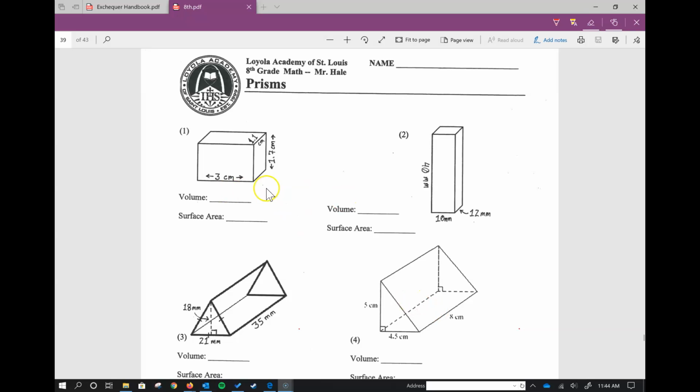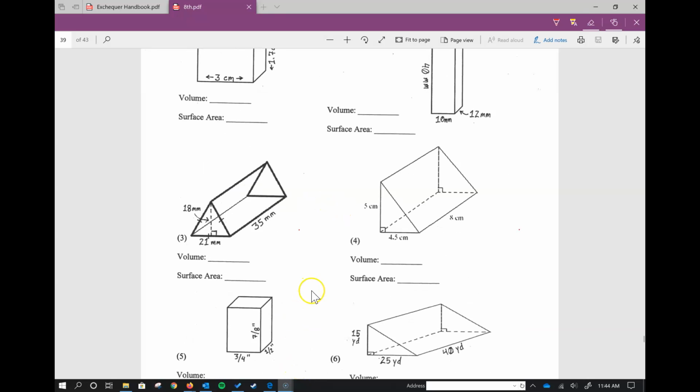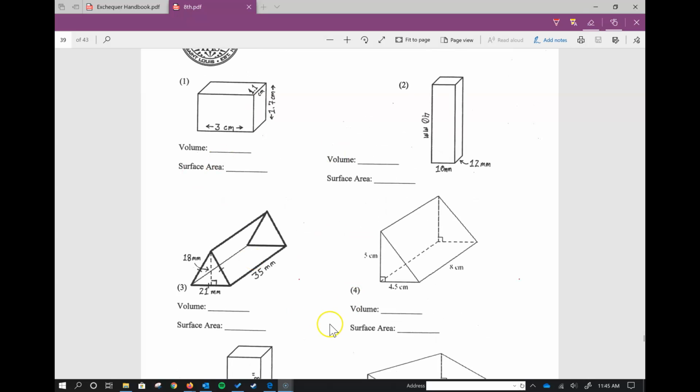And all you need to do today, Monday, April 6th, are the 6 volume problems. Tomorrow, Tuesday, April 7th, using the same worksheet on OneNote, I'll have you do the 6 surface area problems. So let's go ahead and review this worksheet from our previous packet, specifically on the volume of prisms. Okay.